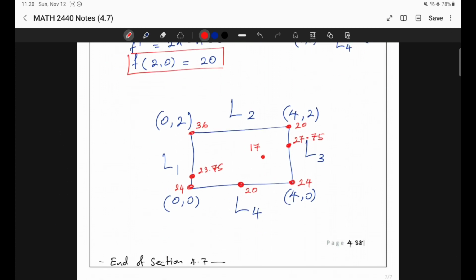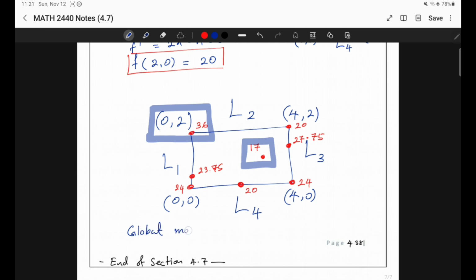Okay, so out of these you pick the largest, that will be the global maximum. So 36, this point is the global maximum, this point is the global minimum. So the global maximum is at (0, 2).